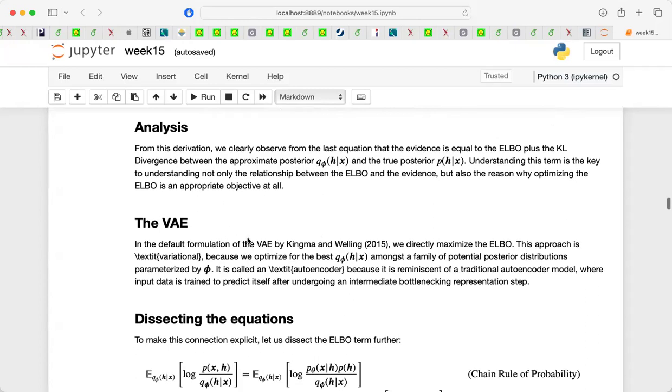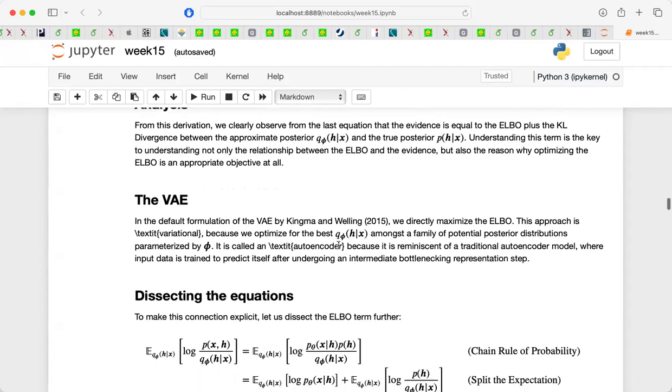So in the default formulation by Kingma and Welling, and last week we also set up a link to their tutorial about the variational autoencoders, they directly maximize this quantity, and this approach is normally called variational because we optimize for the best probability distribution amongst a family of potential posterior distributions, which are parameterized by phi. So this is what we call the autoencoder, or just the encoder.